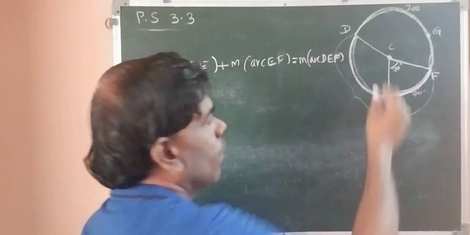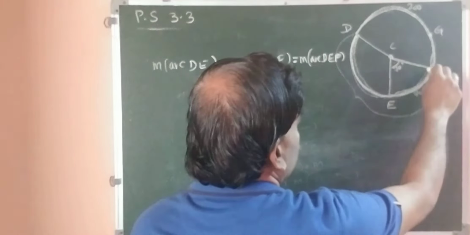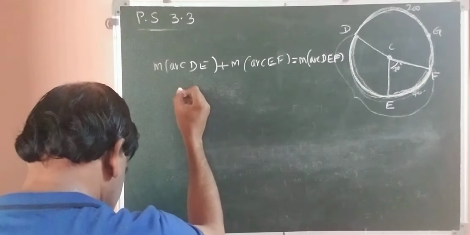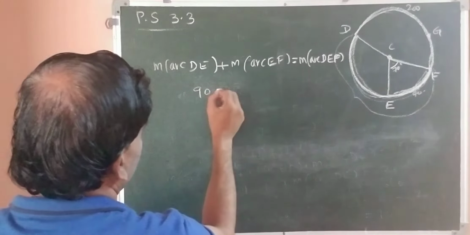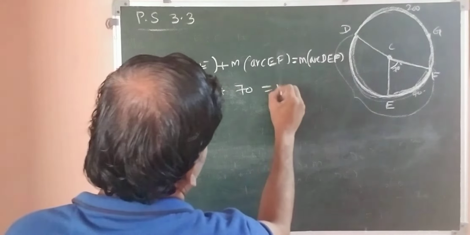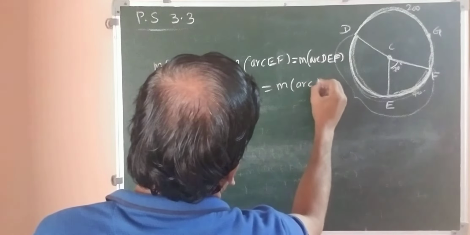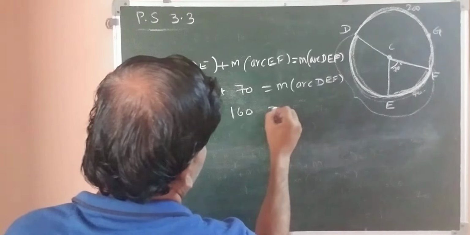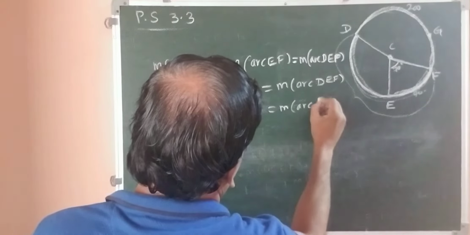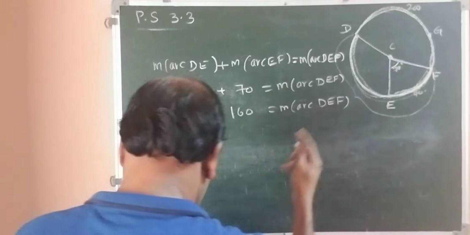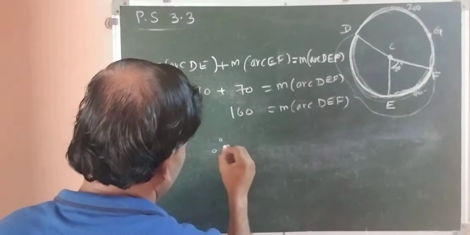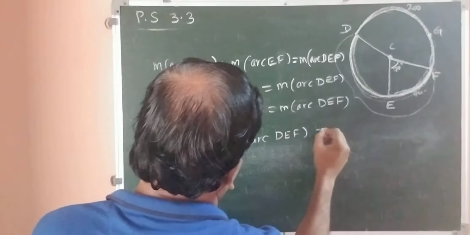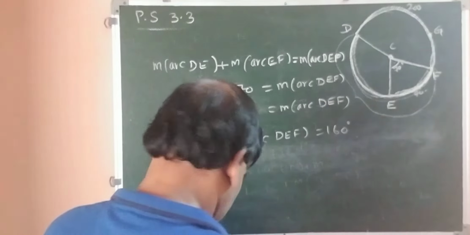If you add this arc and this arc, you will get this total arc. So the measure of arc DE we got is 90 degrees, plus this 70 degrees, equals measure of arc DEF. So 160 equals measure of arc DEF. Therefore, measure of arc DEF equals 160 degrees.